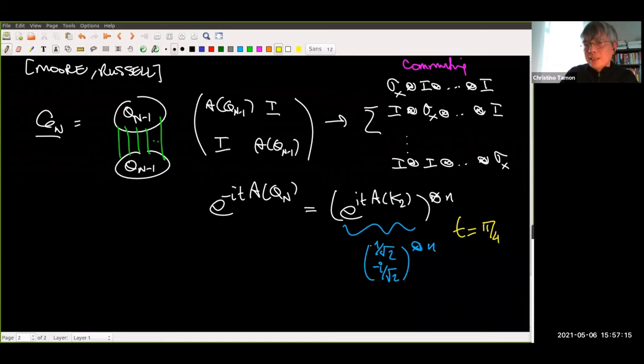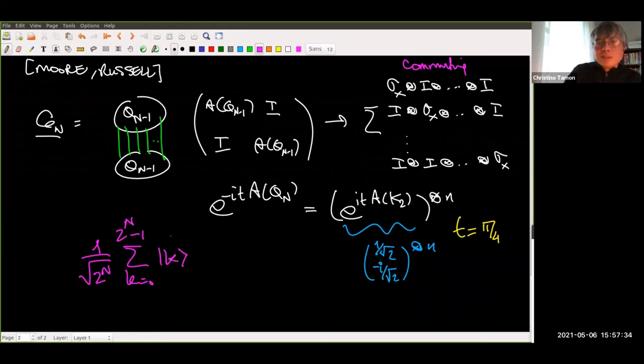So let me ask this: what if I don't want this state with local phases? What if I want this uniform superposition over all 2 to the n states, with no local phases? I don't want this one, but I want this one.